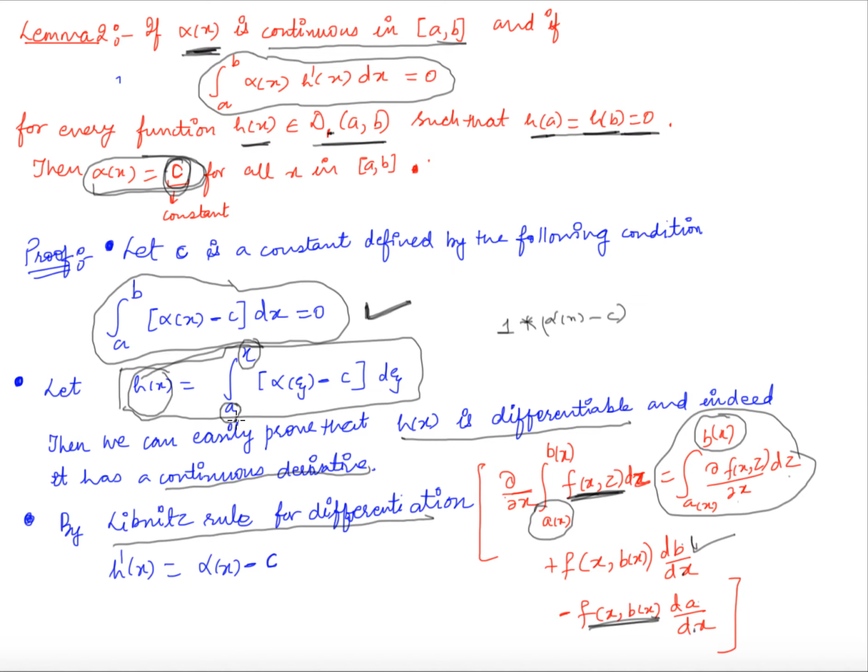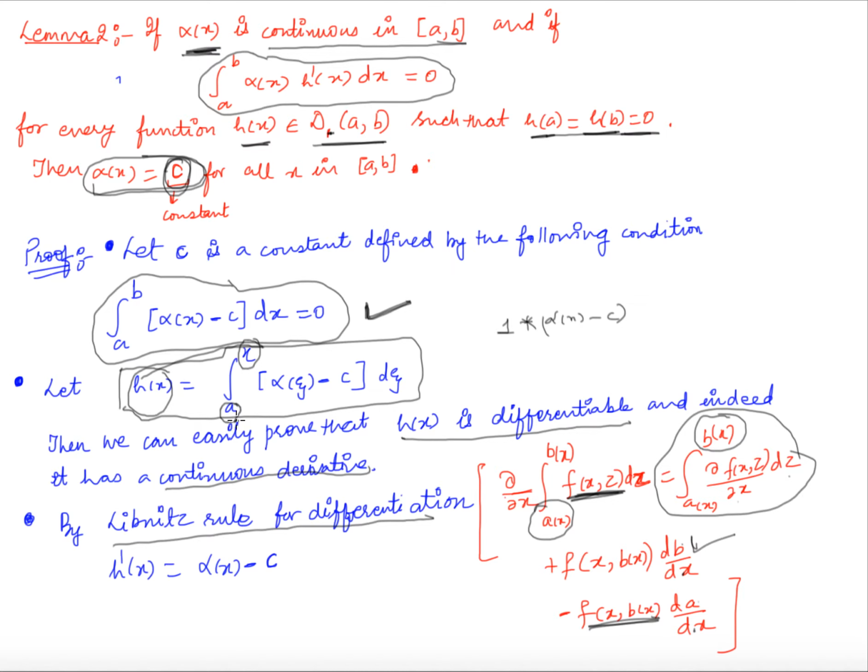So I have constructed a function hx which is in the space D1ab, and its derivative is alpha x minus c, computed by the Leibniz rule. Now you have to see whether the boundary conditions are satisfied, because the lemma says the integral is 0 for all hx in the space D1ab plus these boundary conditions.